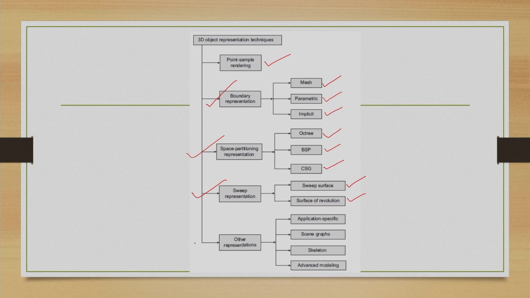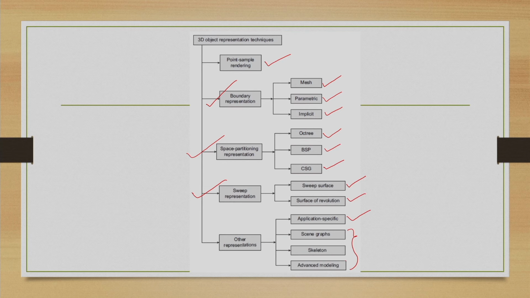Apart from these 4, there are some other representation techniques which are application specific and some advanced techniques such as scene graph, skeleton model and advanced modeling techniques including particle systems, fractal systems and so on.